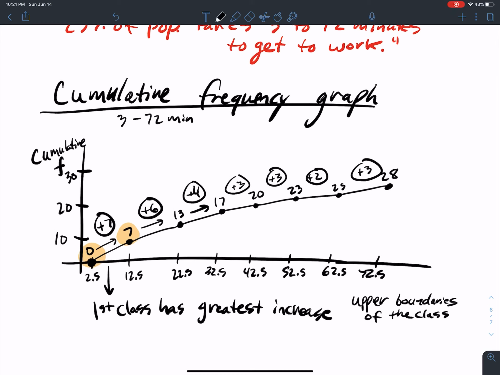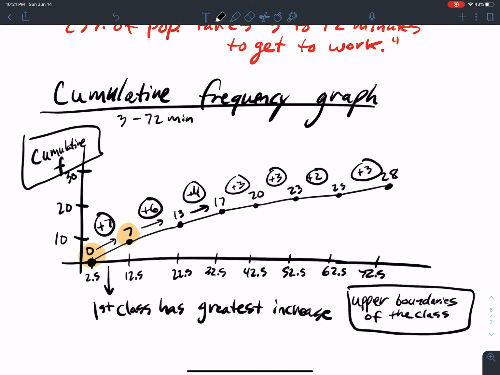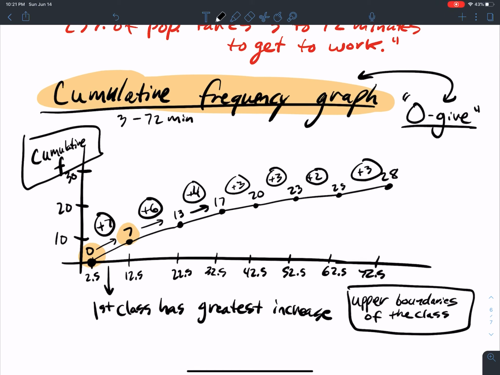All right, so the horizontal axis is the upper boundaries of the class, and the vertical axis is the cumulative. Now, another name for the cumulative frequency graph, which you will see, is the ogive. Okay, so the ogive is another name for this cumulative frequency. It's used to describe the number of data entries less than or equal to a certain value.